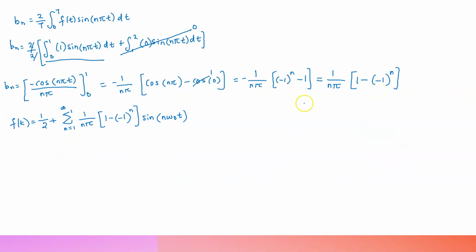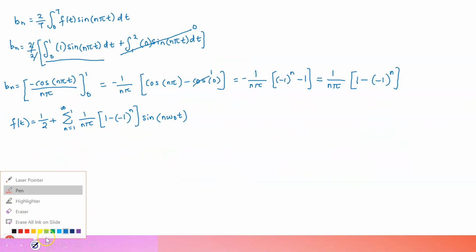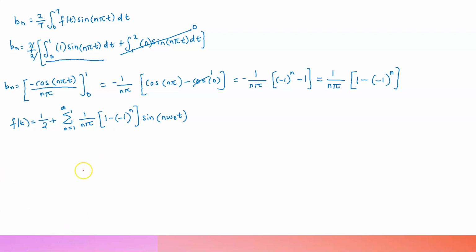Okay, and actually this bn, let's say if you substitute this n with 1, so you have, say, b1, you will have 1 over 1 pi. Here is 1 minus minus 1 to the power of 1, which is minus 1. So you have 2 over pi.